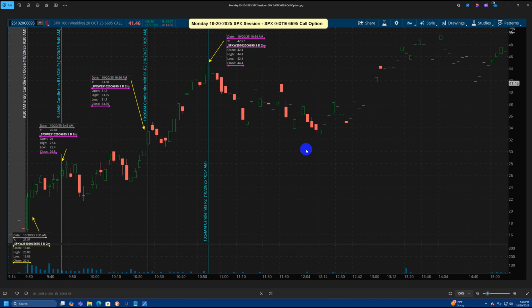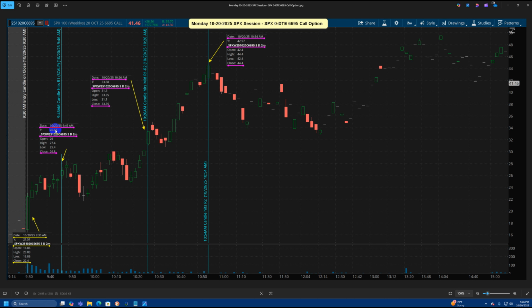Alright, so the first one we're going to look at is the at the money option. Of course, if you remember, this is the standard play. Here is the 9:30. We're on a 2-minute chart for the options as well, same as our chart. And here you can see the close of this 9:30 a.m. candle, 22.40.